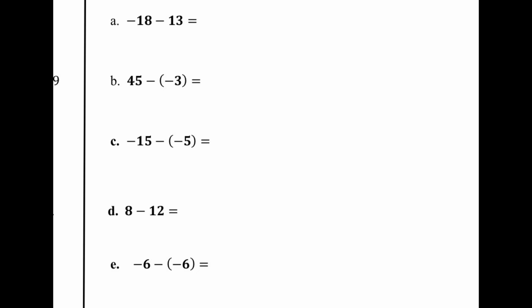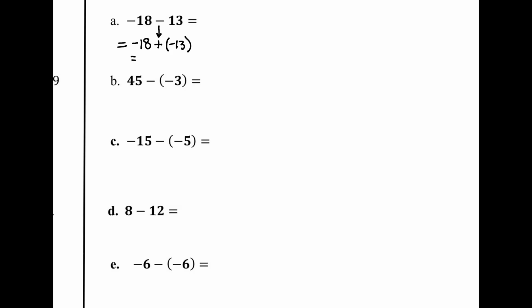Stop the video, do them, come back. Let's do A. If you chose to rewrite it, you would have gotten negative 18, change it to add, so that's this one. 13 is positive, so now we're going to change it to negative. Now, because these are both negatives, we are going to get a bigger negative, right?